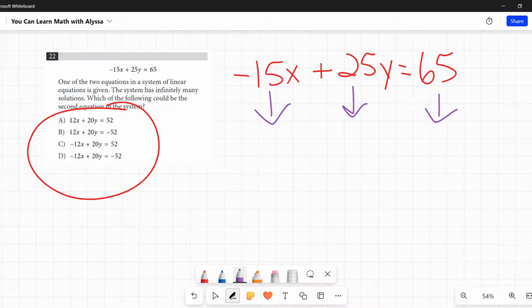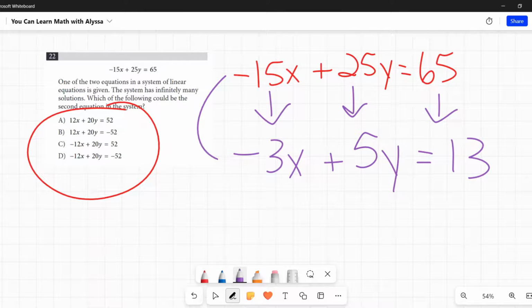For example, 15, 25, and 65 are all divisible by 5. So I could divide all of these by 5, and I would get negative 3x plus 5y equals 13. Those two lines are the same. If I drew them, they would draw right on top of each other because I divided each of those by 5 to get there. Okay, so that's one method.